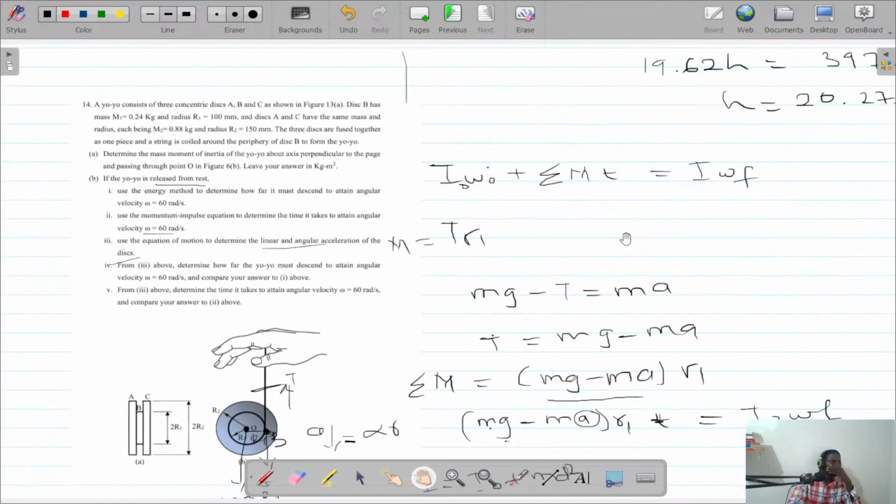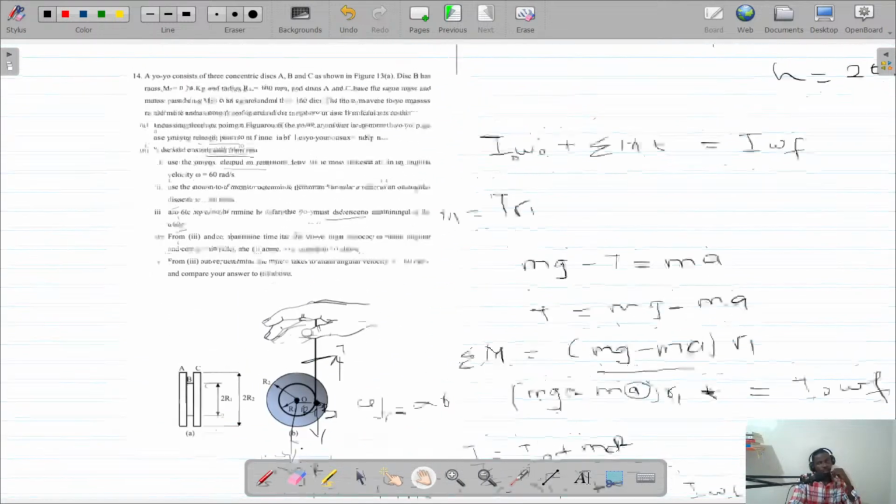And use the equation of motion to determine the linear and angular acceleration of the disk, and determine how far the disk must descend to attain this angular velocity.